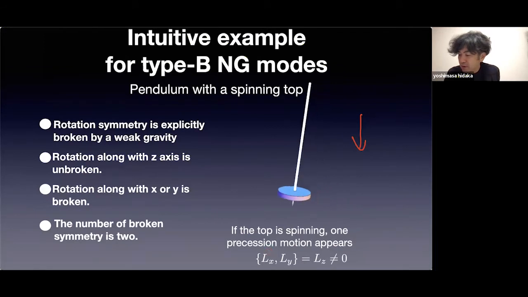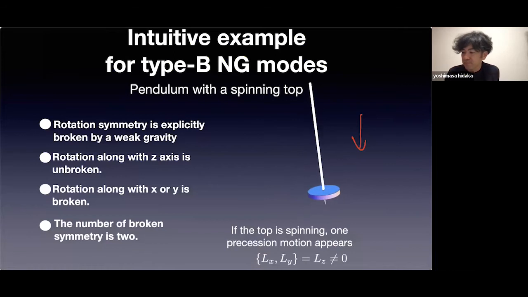The Poisson bracket of Lx and Ly gives you Lz, the angular momentum of the z-axis. If the top is spinning, Lz is non-zero. If this value is non-zero, the x and y modes couple to each other, and that gives you a single mode. That is the mechanism behind the type B energy mode.